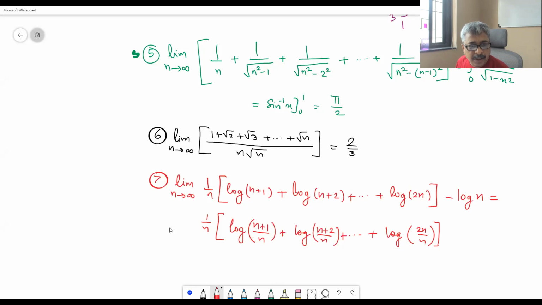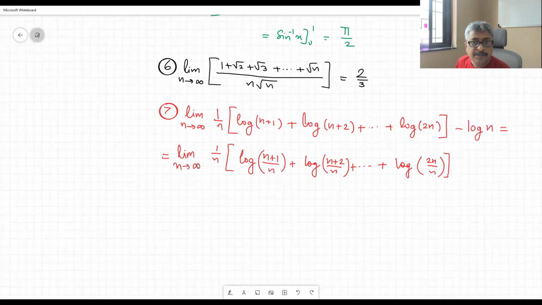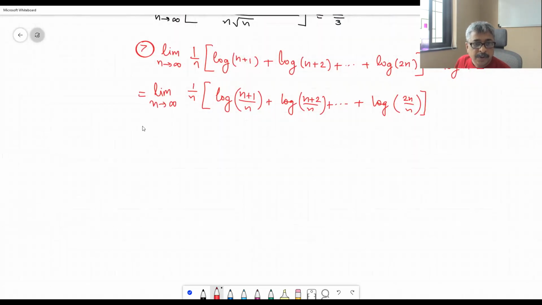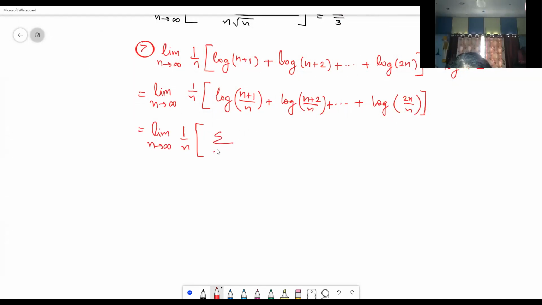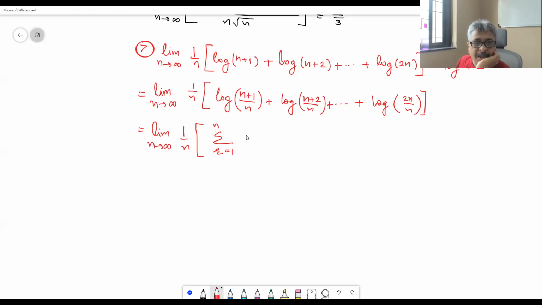Okay. And therefore we should be able to write down the general term in sigma notation, which is equal to limit n tends to infinity 1 upon n sigma r goes from 1 to n log of n plus r upon n. We want to bring it in r by n form.